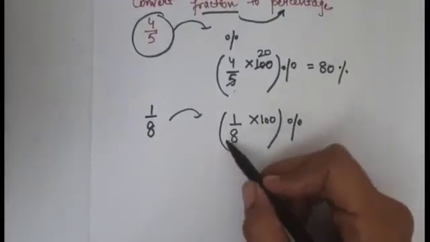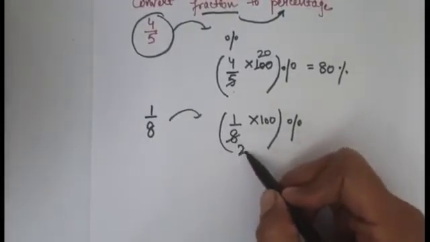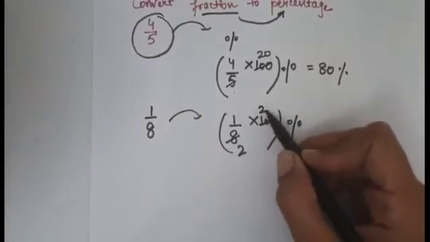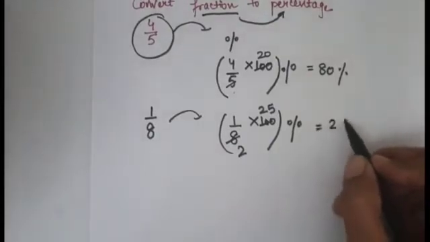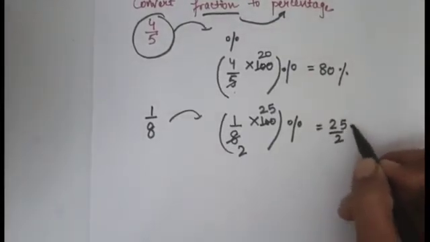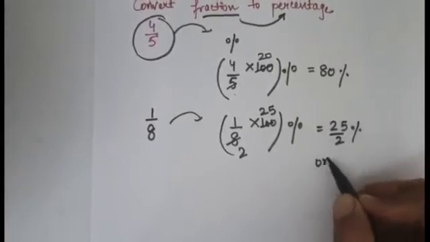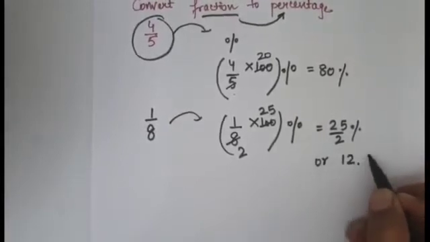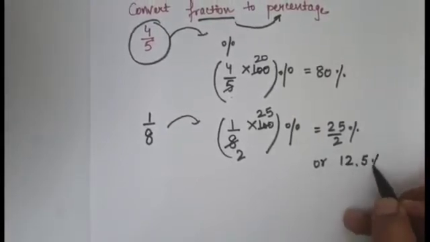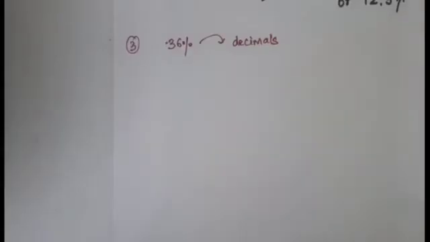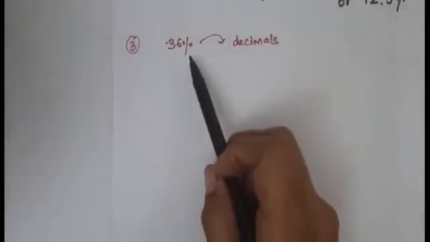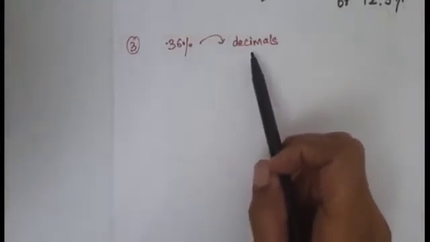Again, by the table of 4, we have done the cancellation. What we get? 25 upon 2% or 12.5%. Clear, students?